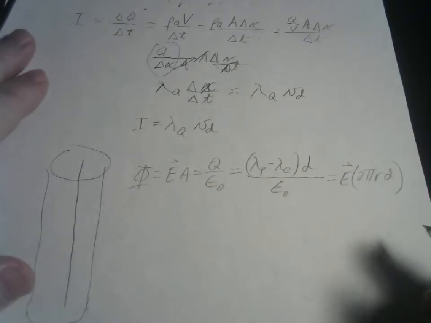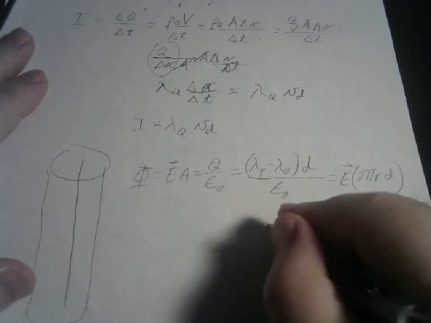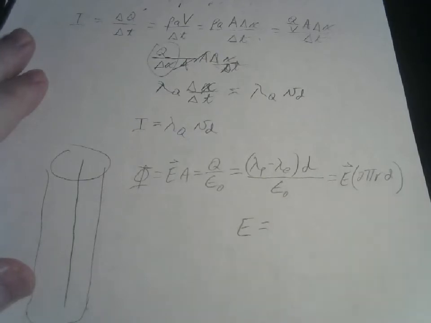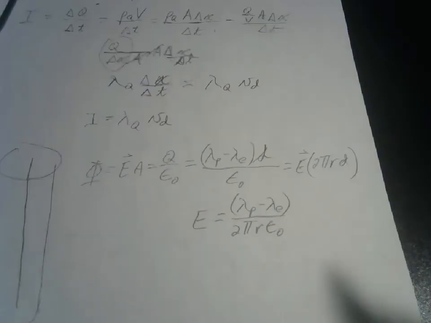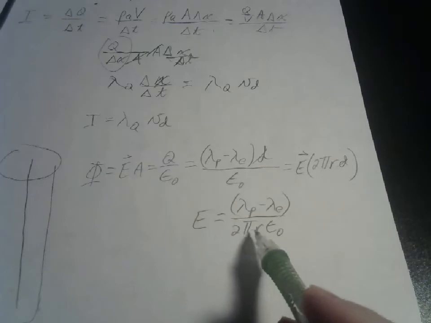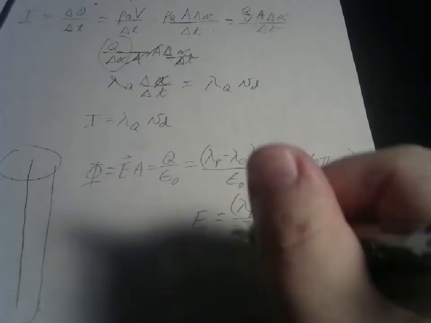And so we will get the electric field equals, dividing out things, this equation here. The electric field is lambda p minus lambda e over 2 pi r epsilon naught.